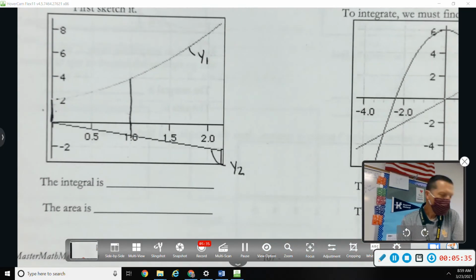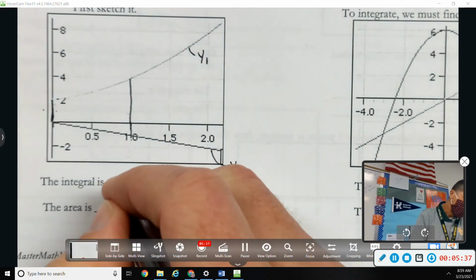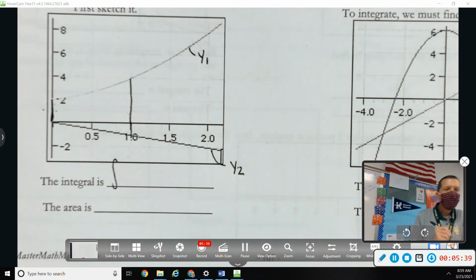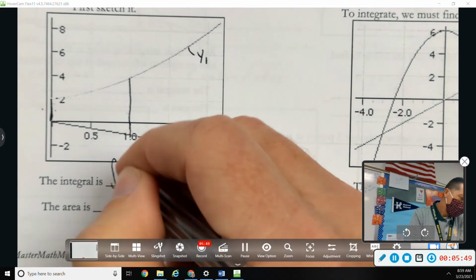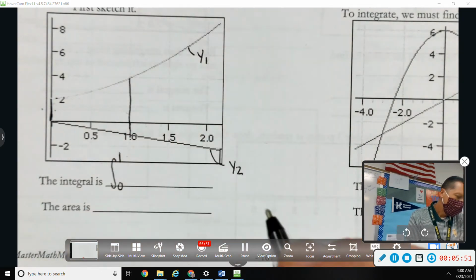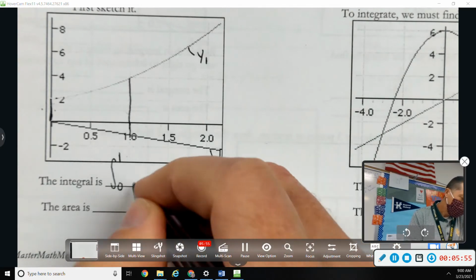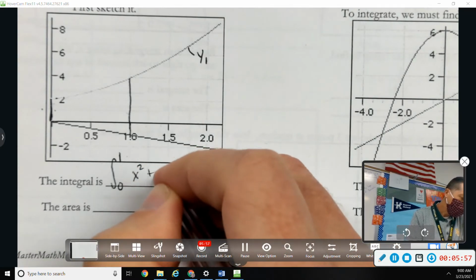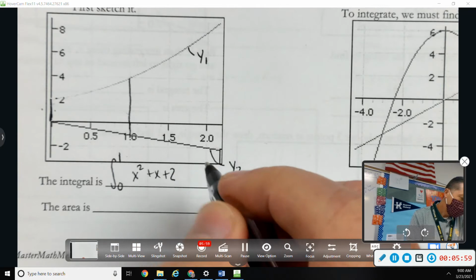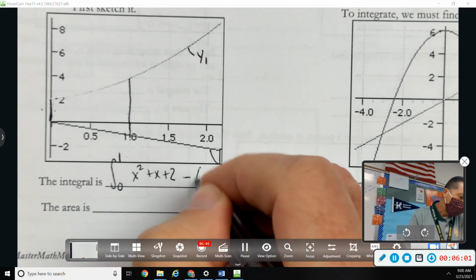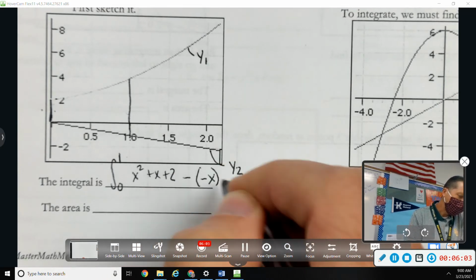The integral is, so we'll set up the integral. What are the limits, from what to what? 0 to 1. And then we need to do the top one minus the bottom one. x squared plus x plus 2, minus the bottom one, oh careful, minus negative x.